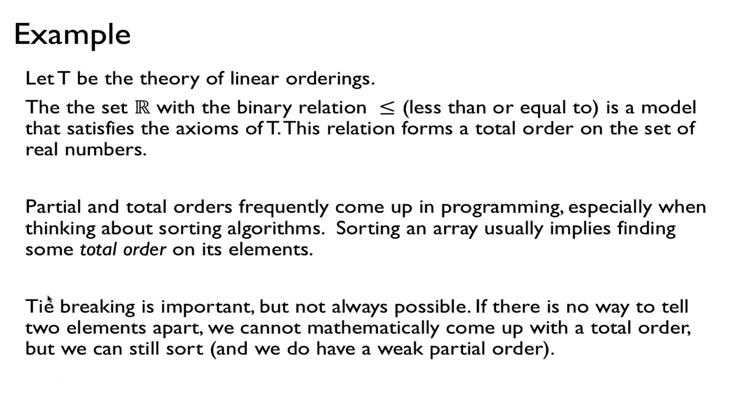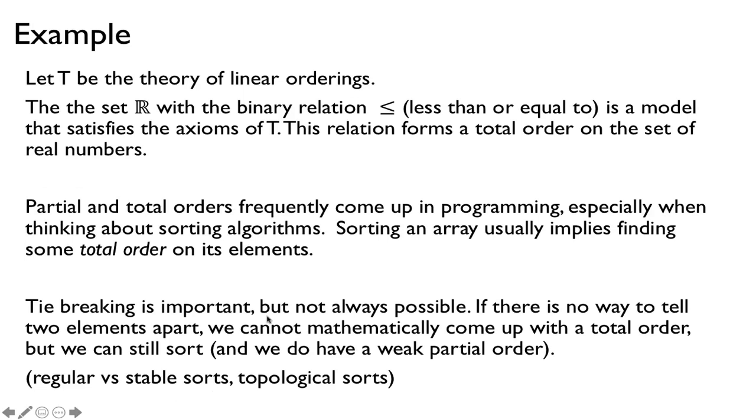But sometimes you can't always put an order on objects, but even in those cases we can still sort if we do have some kind of weak partial order. Again, this is beyond the scope of this class, but in computer science, when you talk about regular versus stable sorts or topological sorts, some of these have to do with this partial order.